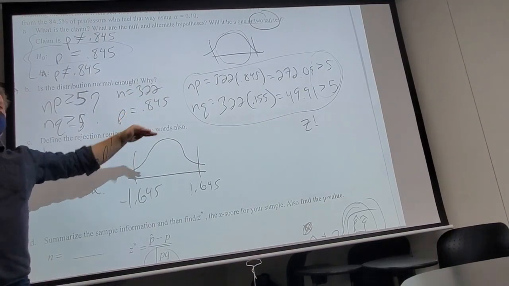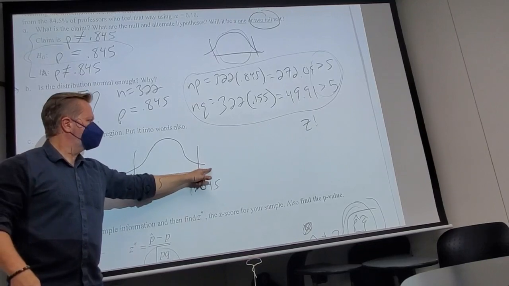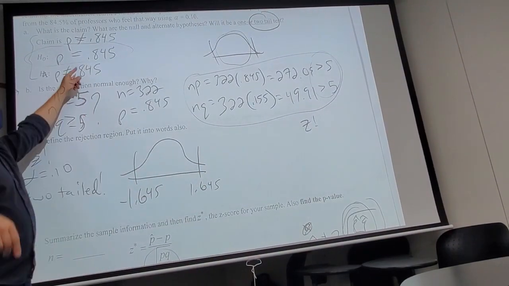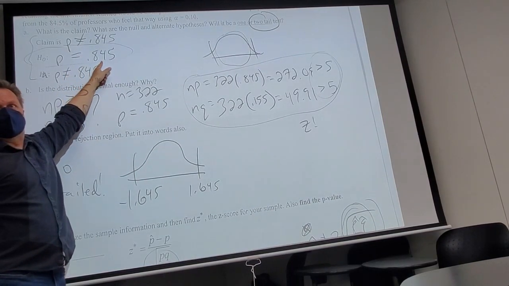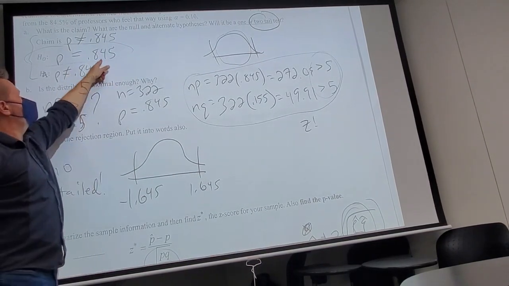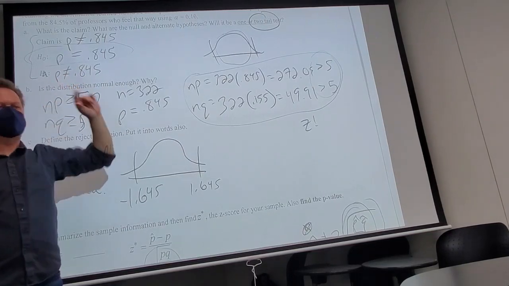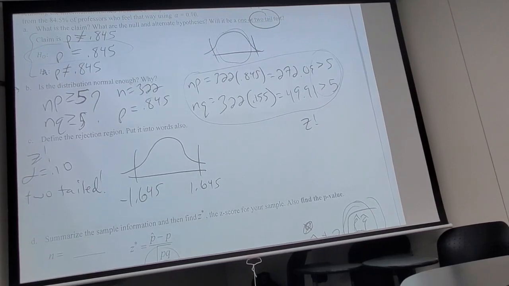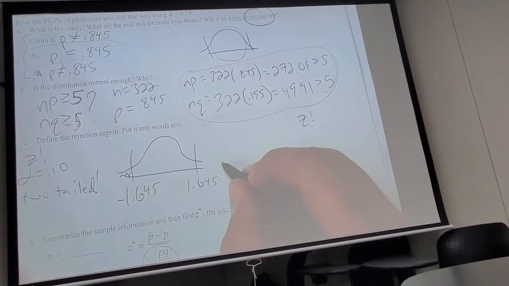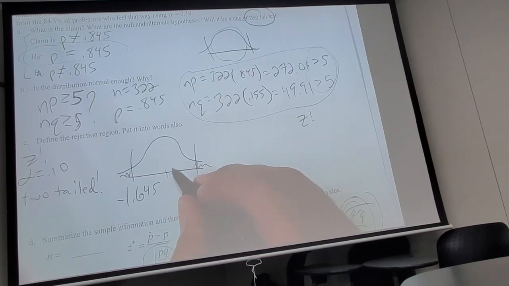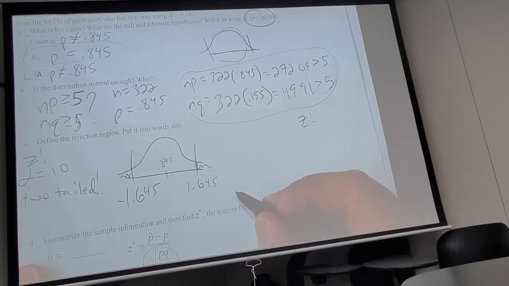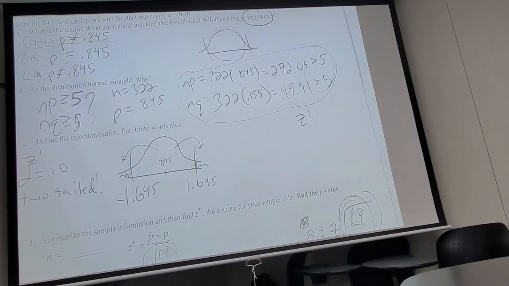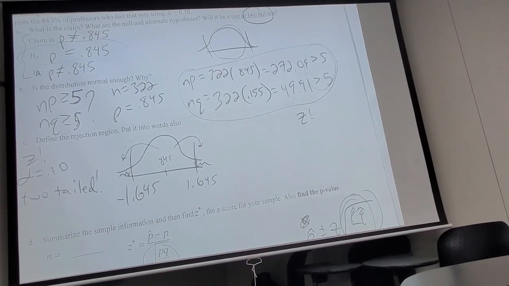So if I find a sample that is in here or down there, that is unusual if this is the real middle. That's why it would be evidence that this isn't the real middle. So again, the middle is basically the 0.845. If our sample shows up way out there or way down there, it's evidence that it isn't 0.845. It's so far away from it.